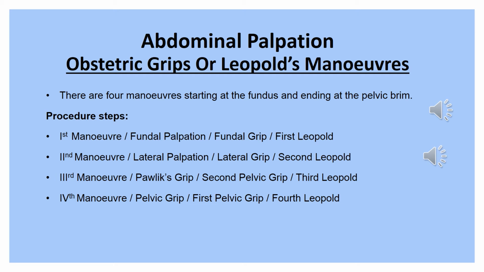The next one is lateral palpation or lateral grip. This is the second Leopold's maneuver. And the third one is Pawlik's grip or second pelvic grip, and this is the third Leopold's maneuver. And the fourth one is pelvic grip or first pelvic grip. This is the fourth Leopold's maneuver.